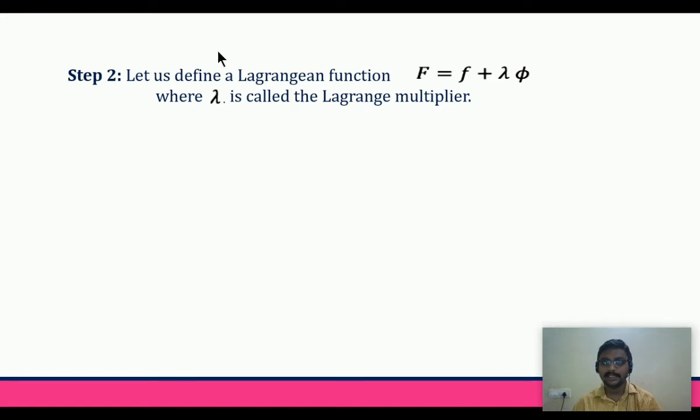The Lagrange's function is capital F of xyz equals small f of xyz plus lambda into phi of xyz, where small f of xyz is the given expression in xyz, phi is the constraint function, and lambda is called Lagrange's undetermined multiplier. In step 2, we have to form the Lagrangian function, which is given by capital F equals small f plus lambda phi.